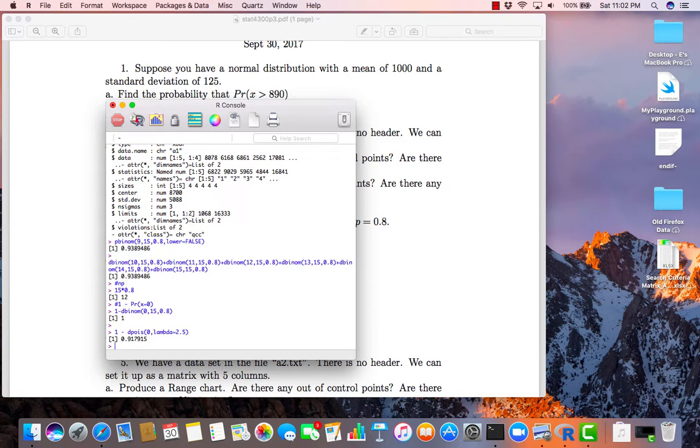So it's 1 minus the value there. So you have about 0.9179. Okay? Not surprising because the Poisson has most of its probability concentrated on the left-hand side, so it's considered right skewed.